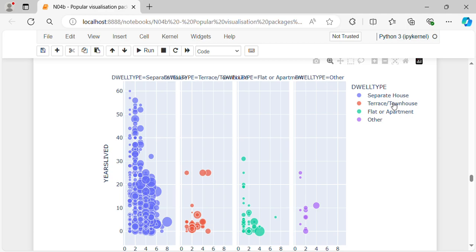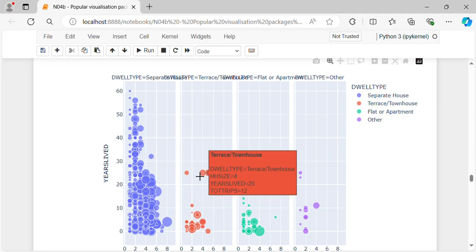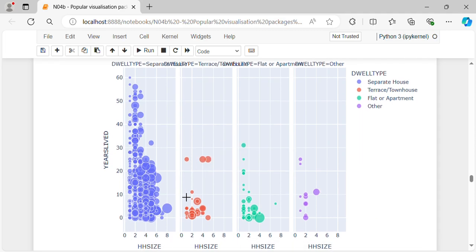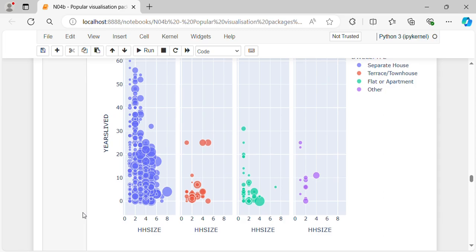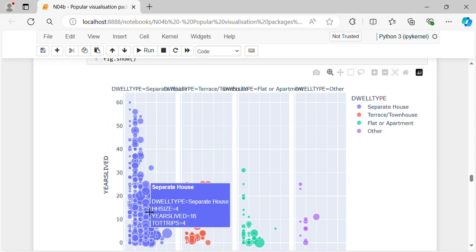The dwell types are separate house, which is blue, terrace or townhouse shown by red, flat or apartment shown by green, and other shown by purple, and years lived. So we can see for the separate house, for household size 0 to 2, the years lived is much higher.